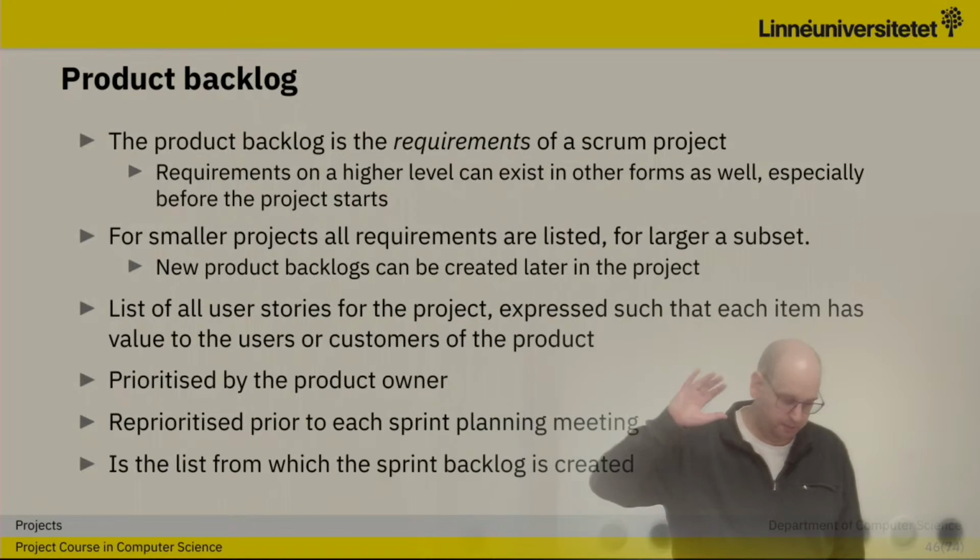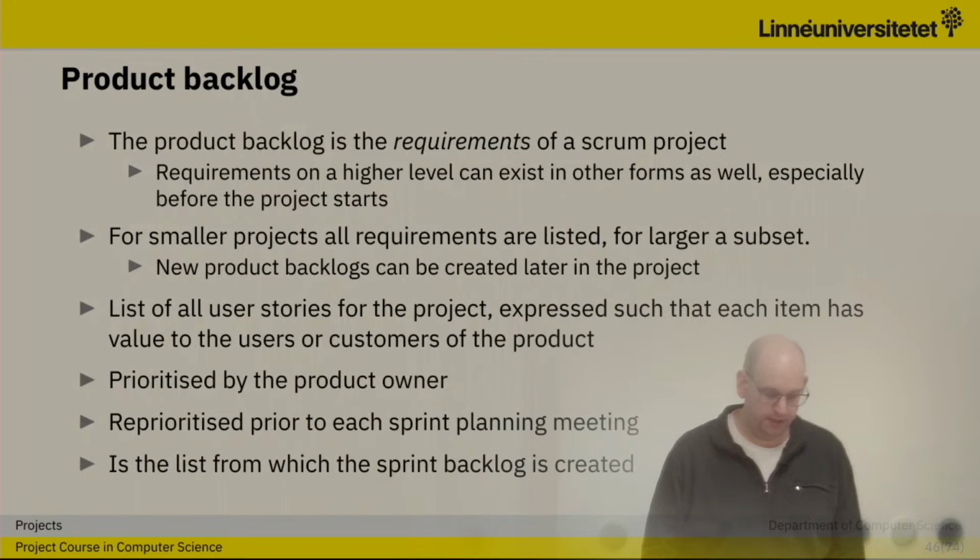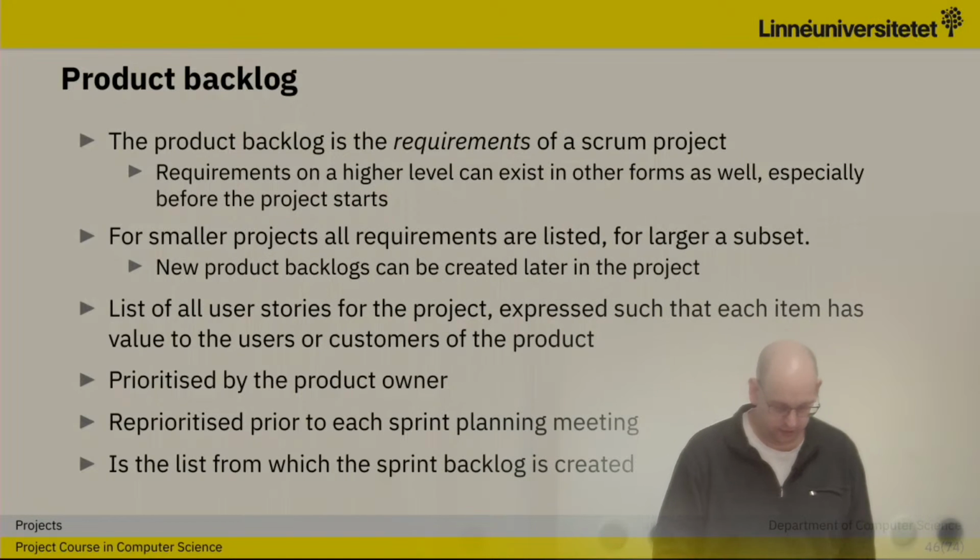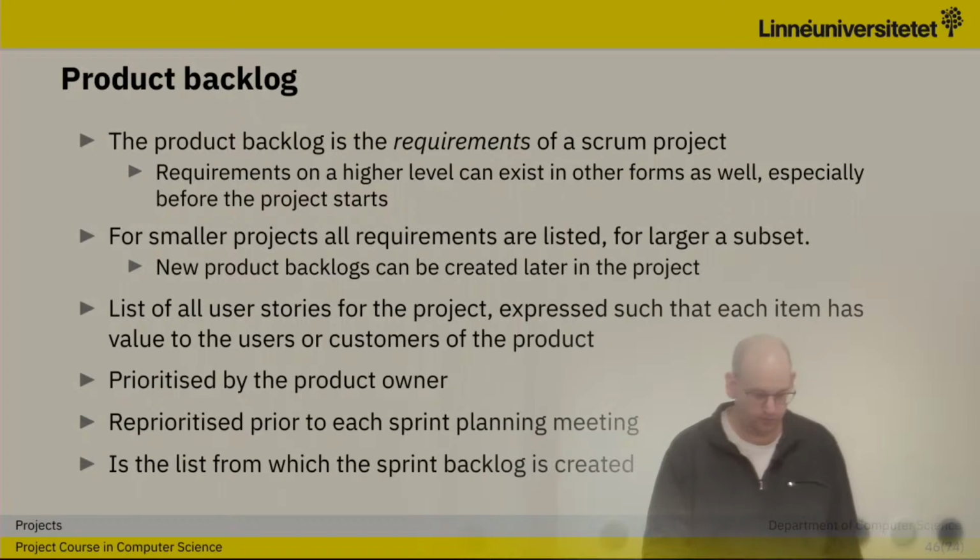So basically we pack requirements on a quite high level inside of these, and we can have them on even higher levels if we like, but the product backlog is most often the user stories listed that we want this application to provide for us.